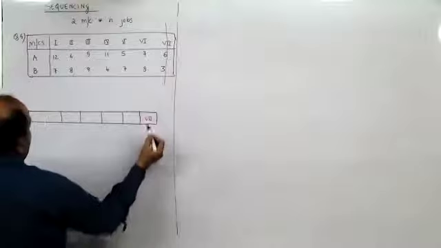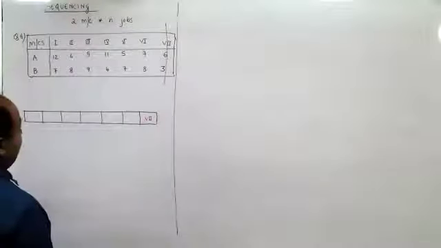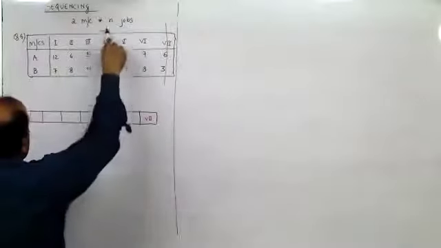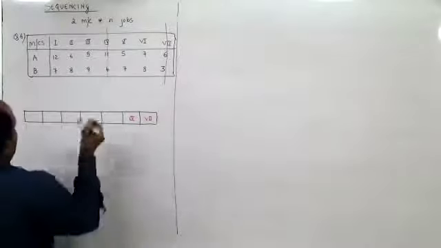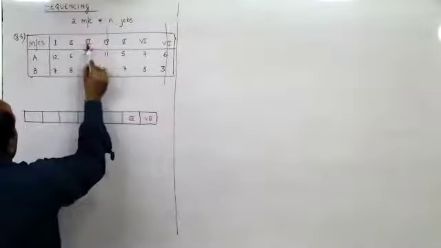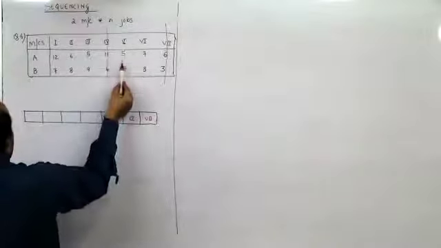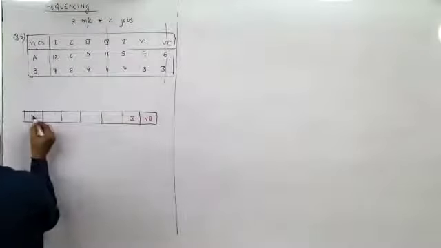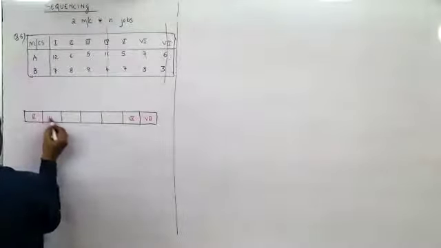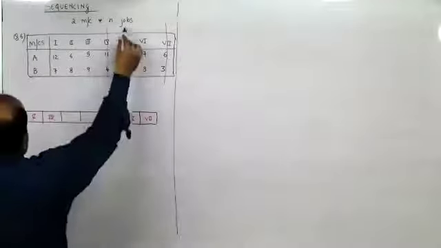So 7 would be the last job. Then next one 4 here, that is also from the bottom. So fourth from the bottom, from the top here. 5 here, there are 2 5s, one is 3 and the other is 5. I'll go with 5 3 or I can go with 3 5, doesn't matter. So here I take 5 and 3, doesn't matter whichever order you take it in.